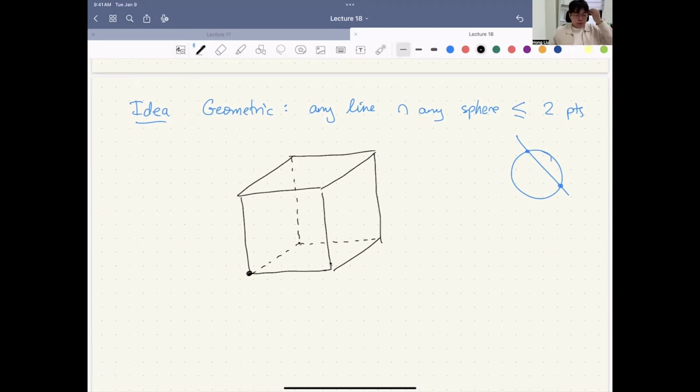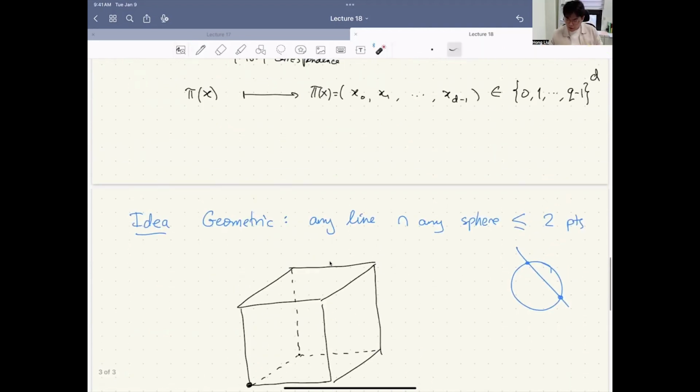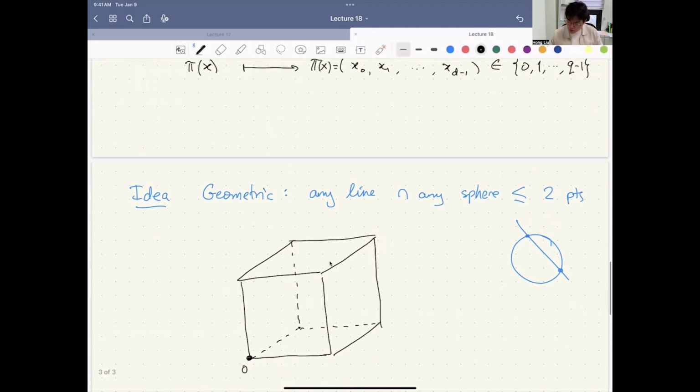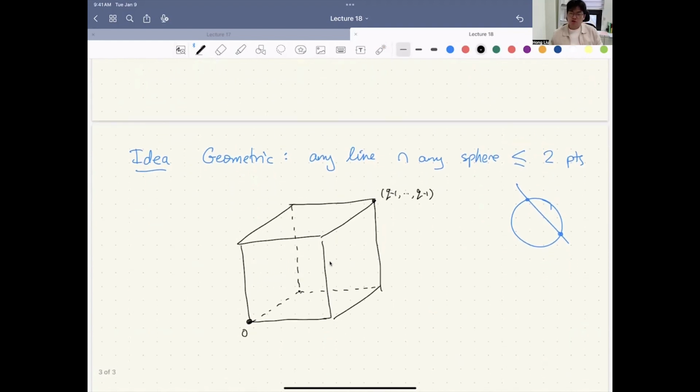Now what we do is, let's look at, this is the origin, 0, right? And this point is like q minus 1, q minus 1, q minus 1. This is the top right point. Now, let's draw spheres centered at the origin.